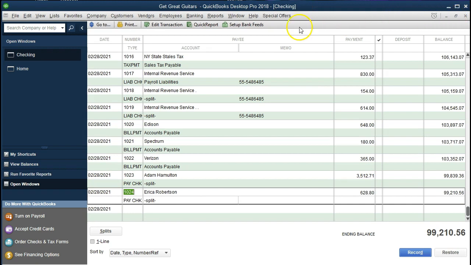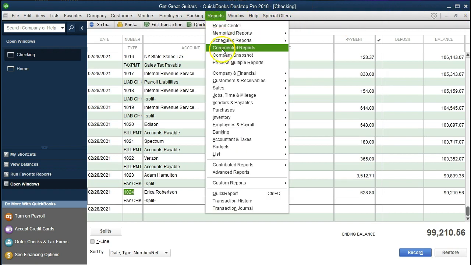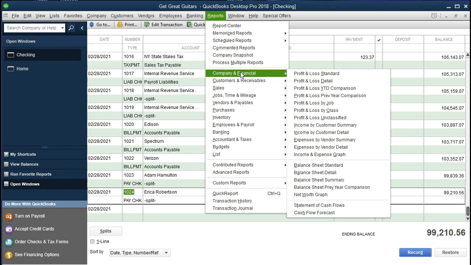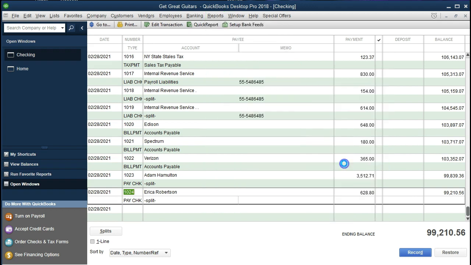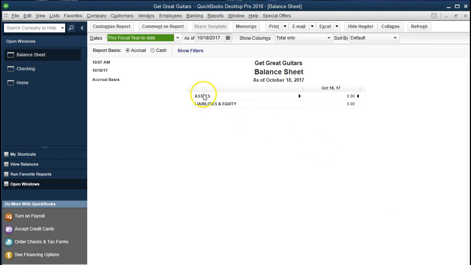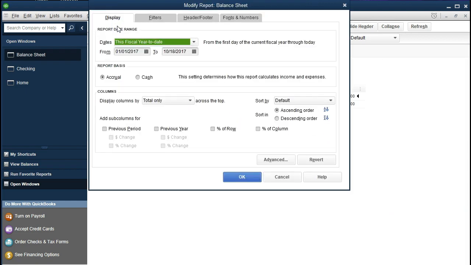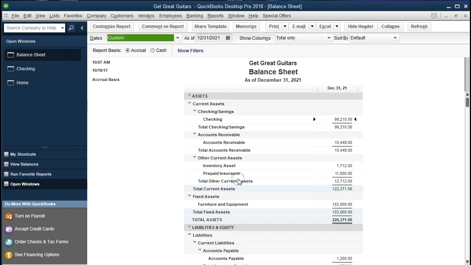We can then take a look at our reports. We're going to Company and Financial, scrolling down to the balance sheet, changing the dates up top, Customize Report. The dates are going to be 01/01/21 to 12/31/21, and we're going to say OK. So here we have our information.